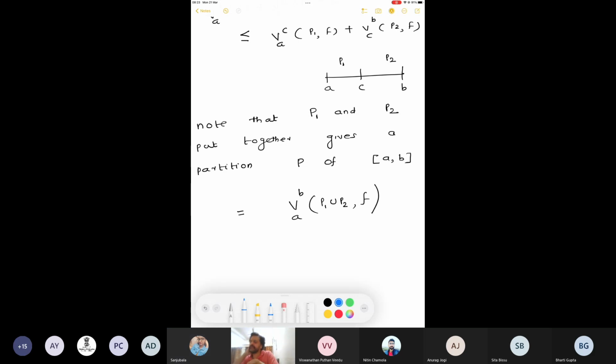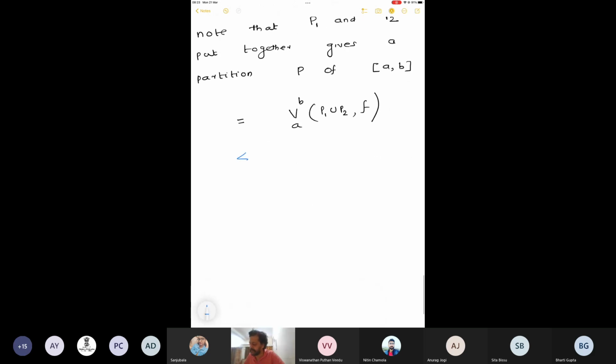Now this variation, corresponding to a particular partition, namely P1 union P2, not total variation, variation corresponding to a particular partition is less than or equal to total variation. So this is less than or equal to total variation of F over the interval AB.